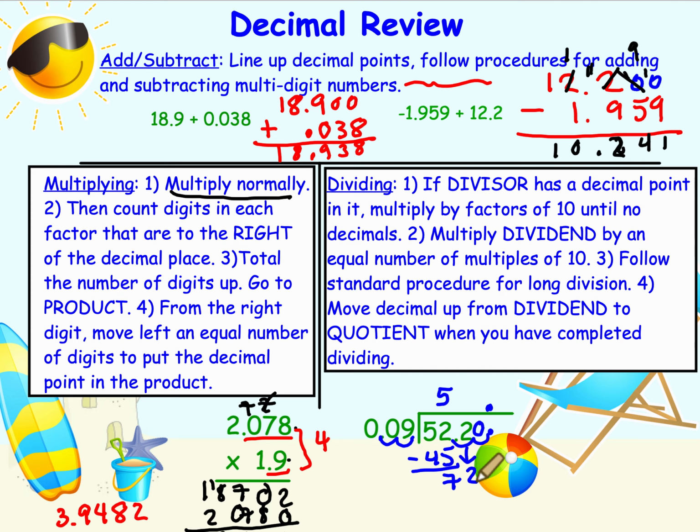Okay, 9 times 8 is 72. That gives me 0. So now I'm going to bring down my 0. And then 9 goes into 0, 0 times, which means I have nothing else to bring down. I have a remainder of 0. So my quotient is exactly 580.